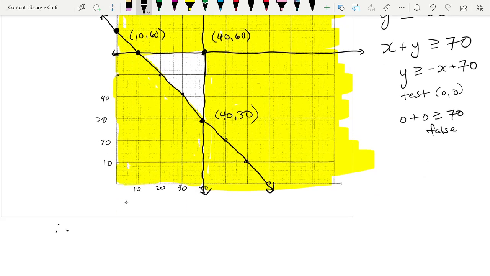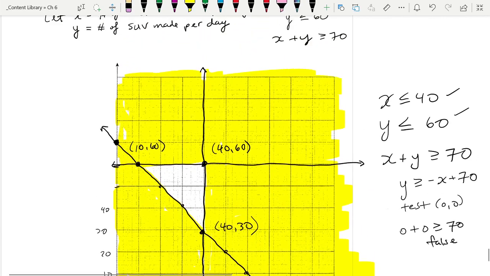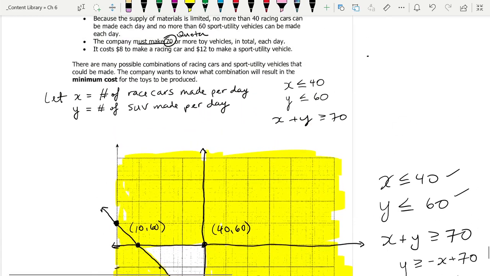So therefore, our profit equation, which was, oh, wait a minute, hold the phone. Is this a profit equation? Read the question more carefully. The company wants to know what combination will result in the minimum cost.